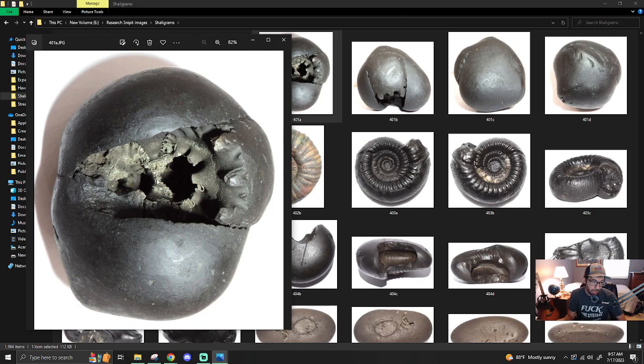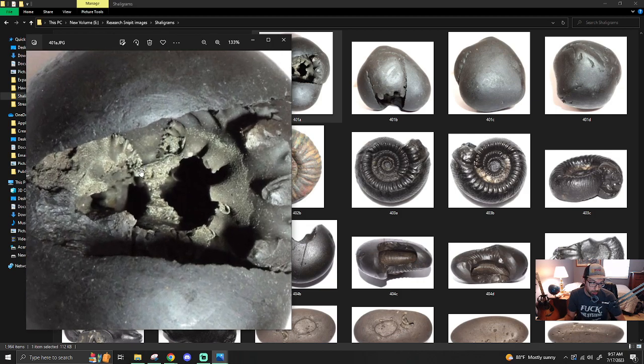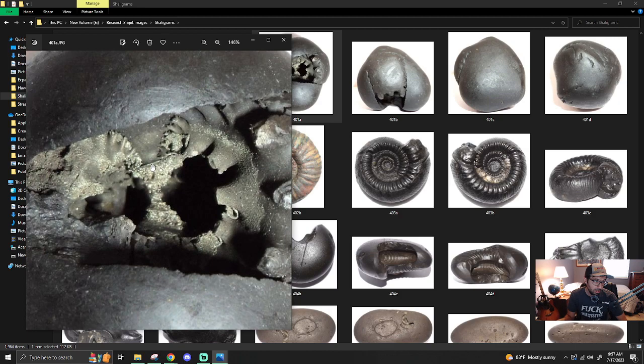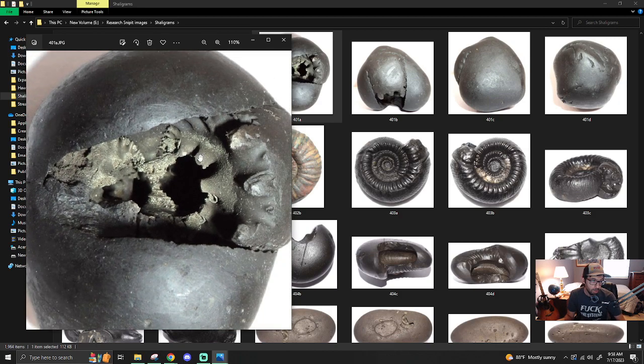And at times, when it goes through, it doesn't go through, especially what I interpret to be larger particles.